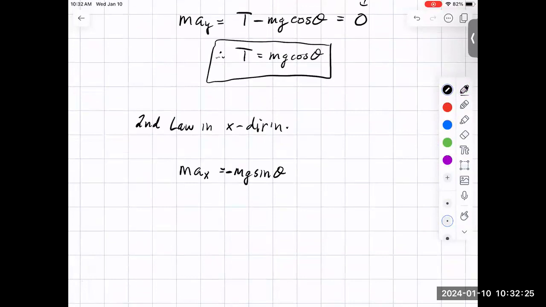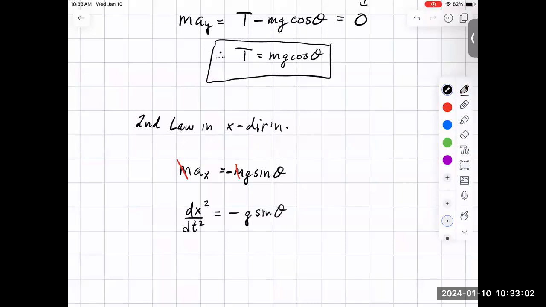So now we have kind of a bit of a funny scenario here where we have some things that are similar to the mass on a spring, but some things that are a bit different. I could cancel this factor of the mass and I'd say the acceleration in the x direction, which is 2 derivatives of the x position, is equal to minus g sine theta.